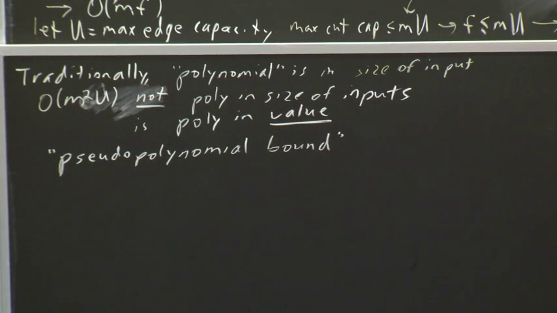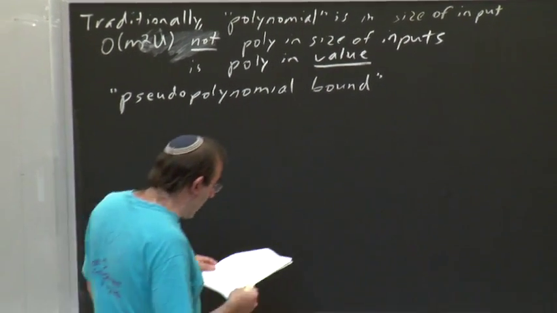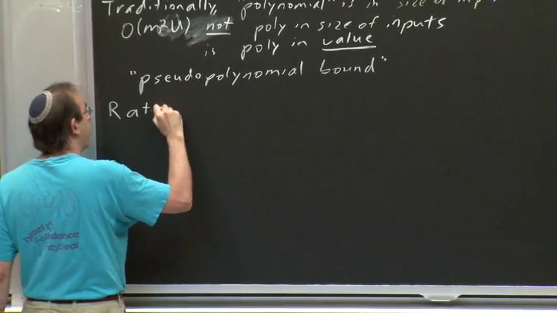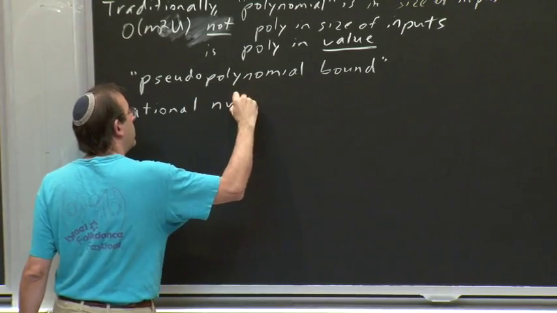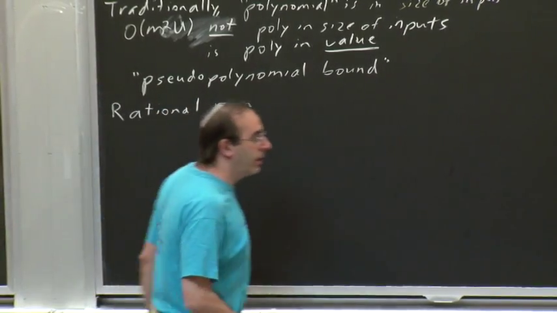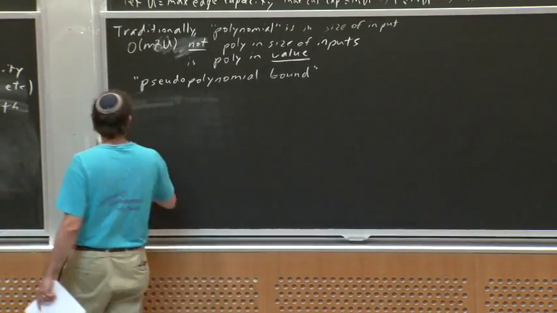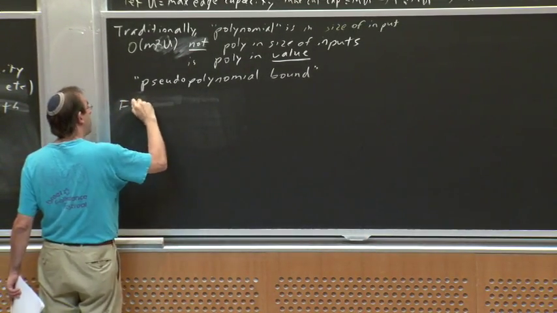Okay? Now to think some more about how that makes things complicated, let's try generalizing this argument to rational numbers. Oh, sorry, before I do that, we accidentally proved something very important, which is the flow integrality theorem.